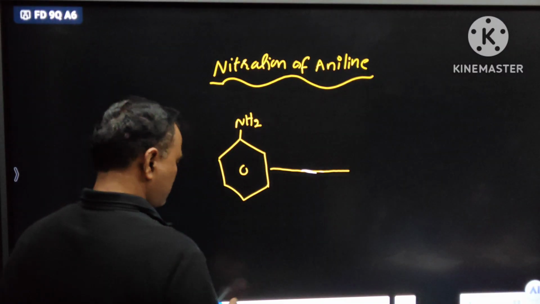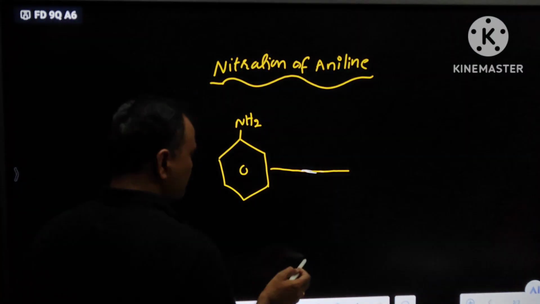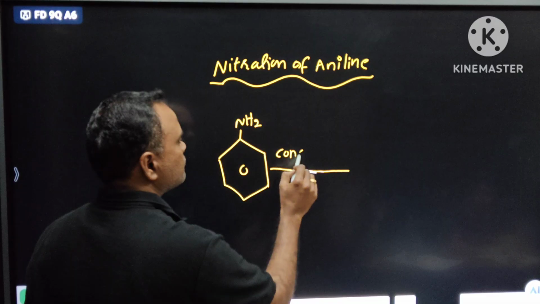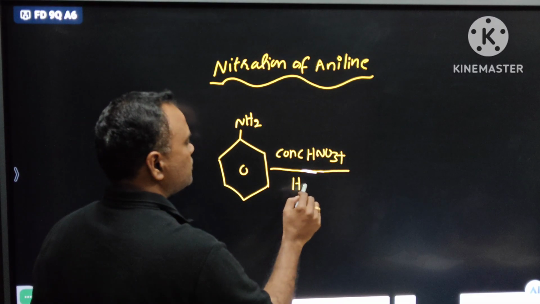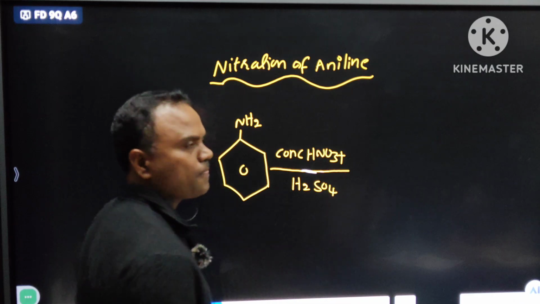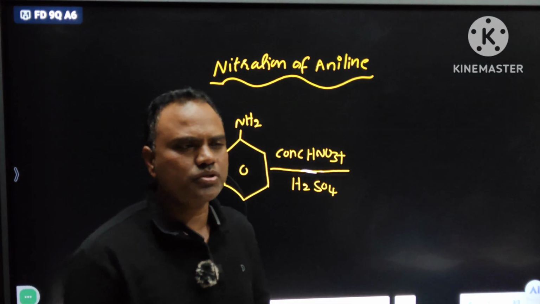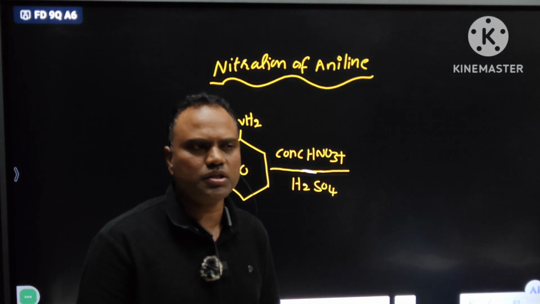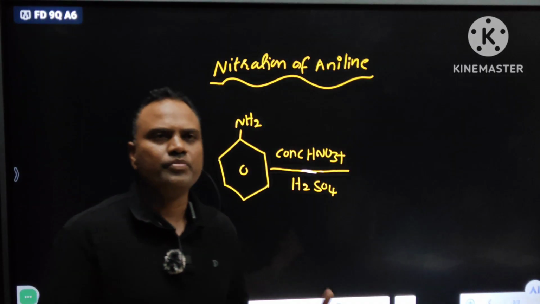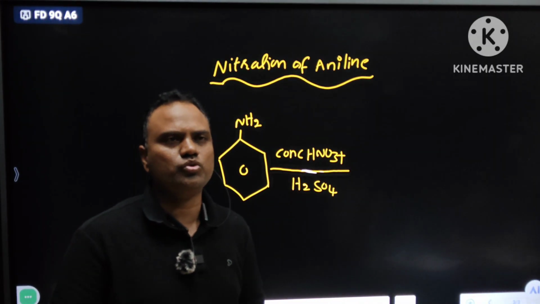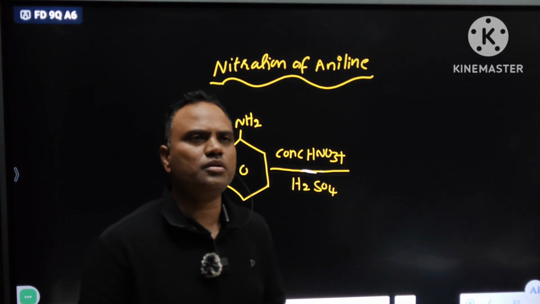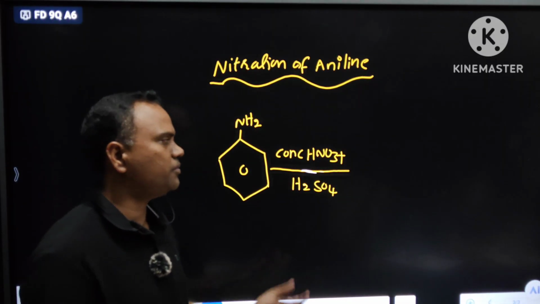Concentrated HNO3 plus H2SO4. This is the nitration mixture. What is its role? It introduces the NO2 group. Guess the product, the major product. What will be the major product here?